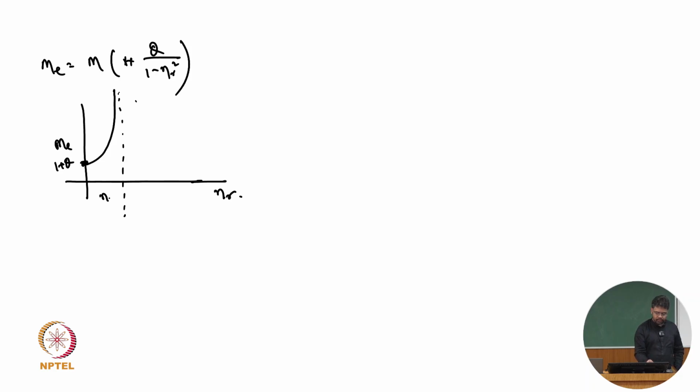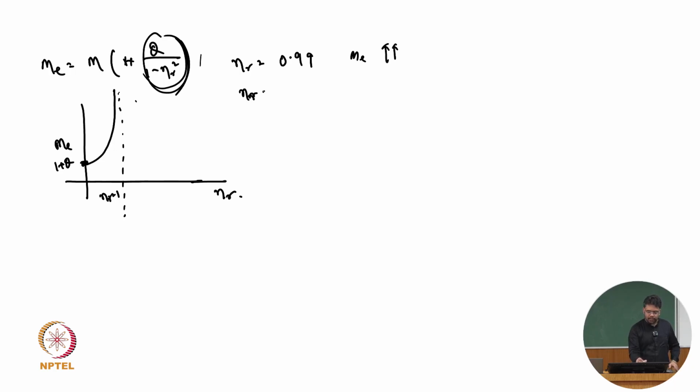Once eta r approaches 1, suppose we put eta r equal to 0.99. Then this is 1 minus 0.99, that's a very small value. Theta is dividing by that small value, so this part is actually very high. That very high value plus 1 is also very high, multiplied by m is a very high value. So that actually tells me that m effective is very, very high.